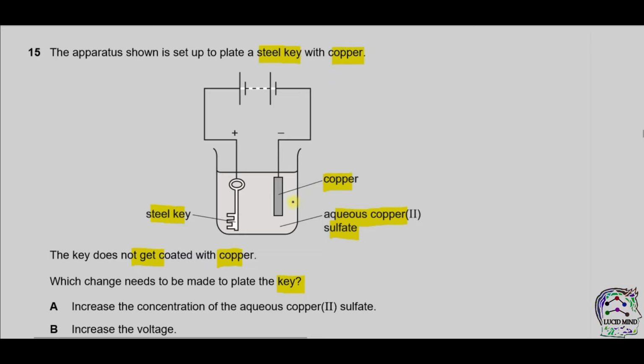In this experiment we can see that copper is to be electroplated on the key, so therefore copper must be attached to the anode. And anode is the positive electrode or positive terminal of the battery, because anode always dissolves in the solution and then it gets deposited on the cathode. So these should be reversed.